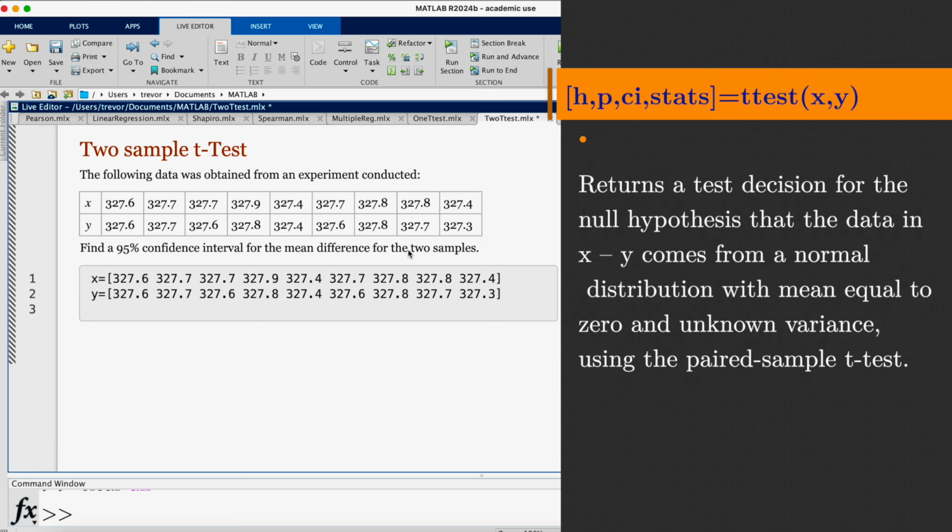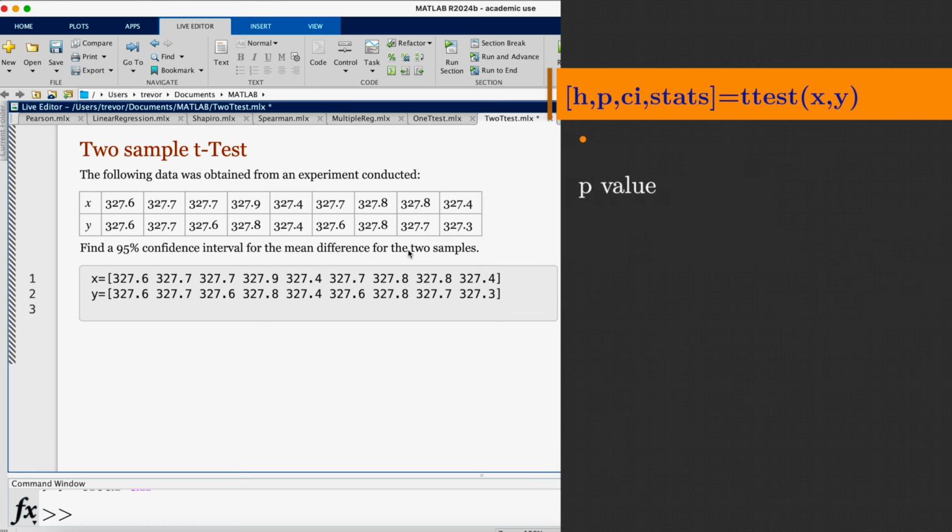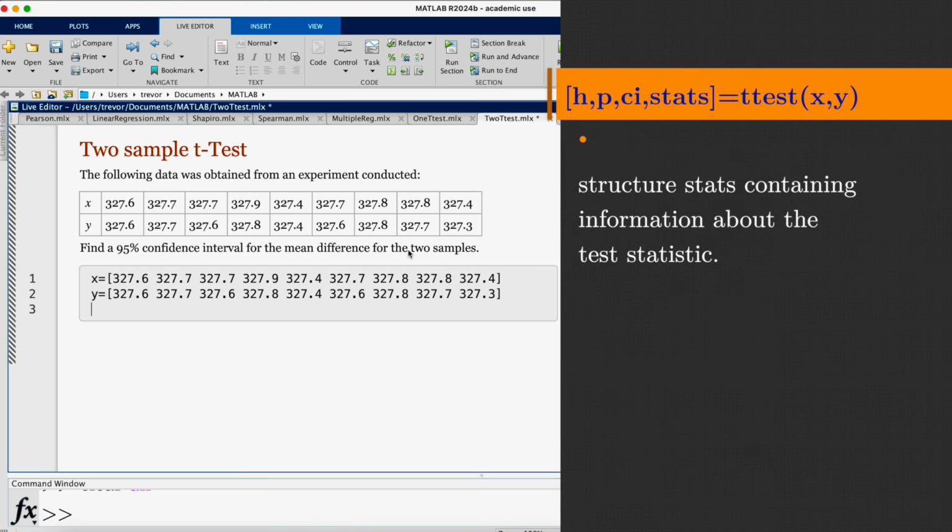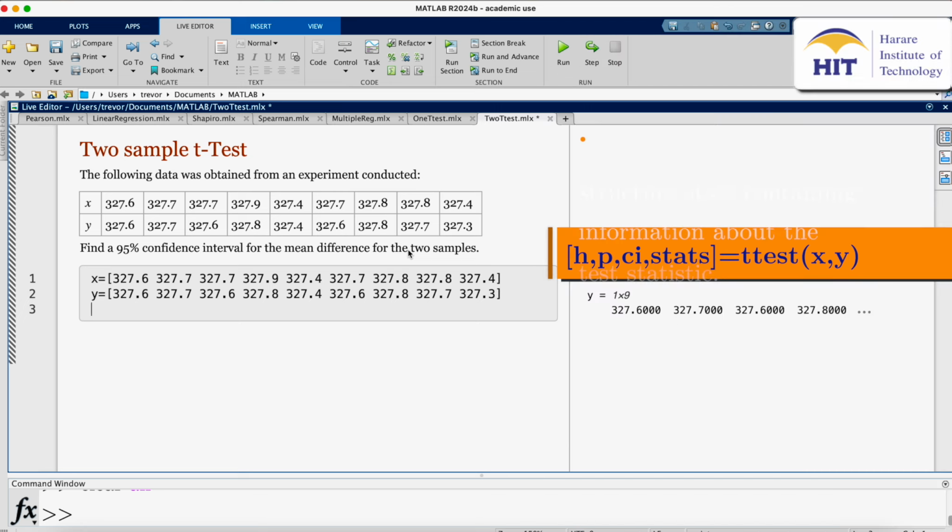If the data in X minus Y has mean equal to 0, that means the means of X and Y are not different. The p there is a p-value. Then the CI returns the confidence interval for the mean of X minus Y. It also returns the structure stats containing information about the test statistic.